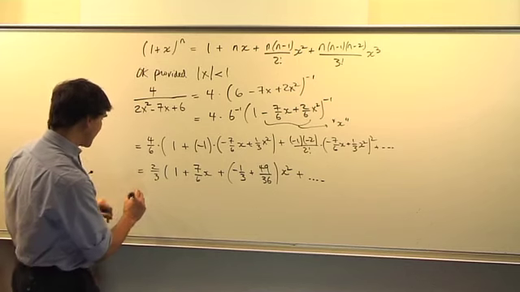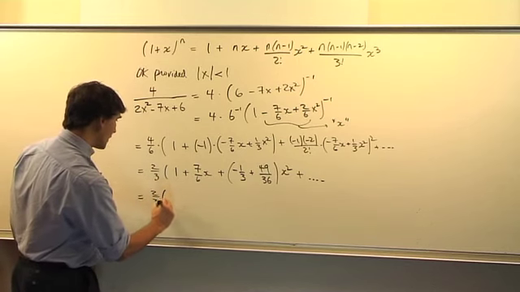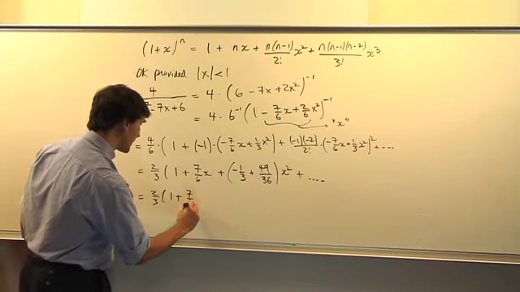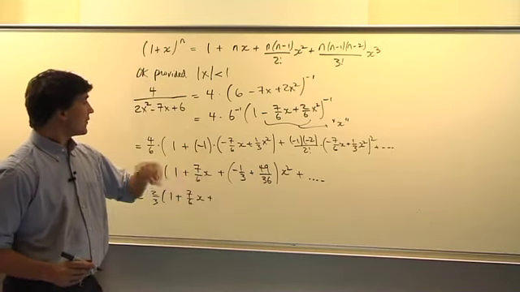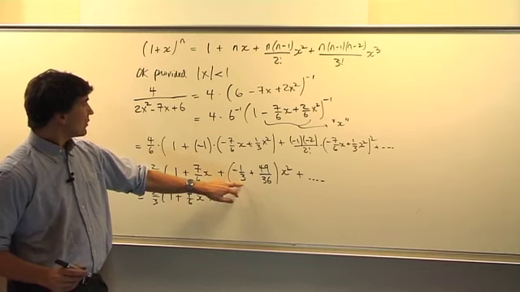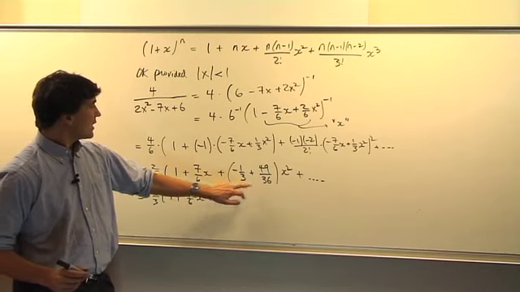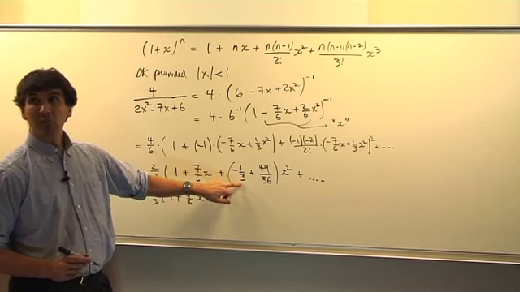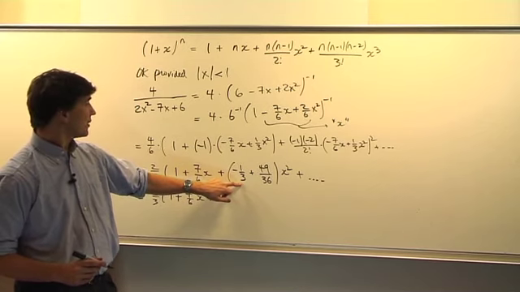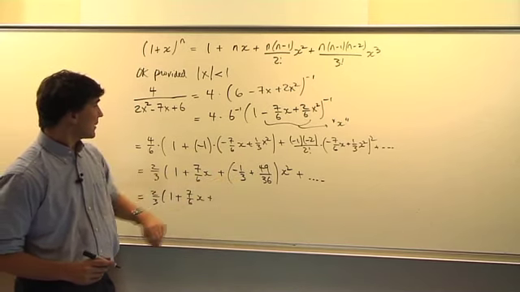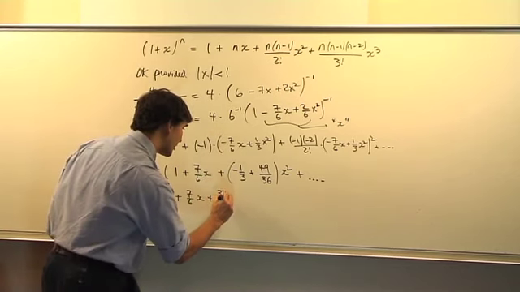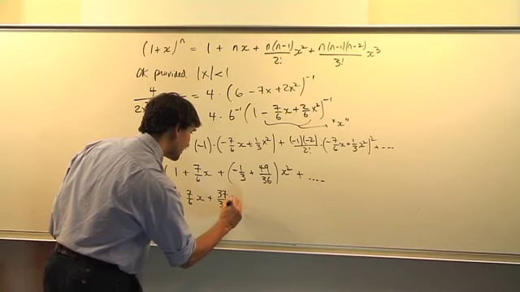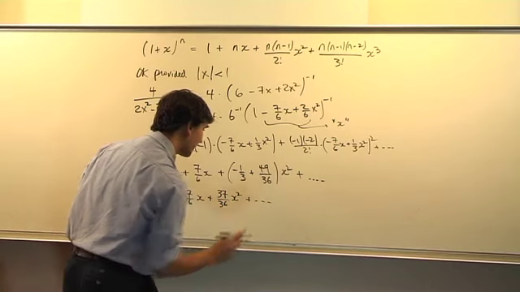Okay, and I can write this as 2/3 1 plus 7 over 6x, and then this number here, if you take it over a common denominator, we've got 3 here, there's 36 there, so we need to multiply top and bottom by 12 to get this common denominator here. So it is 49 minus 12 over 36. 49 minus 12 is 37 divided by 36, x squared plus dot dot dot.